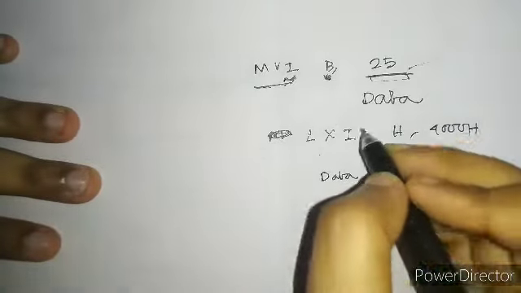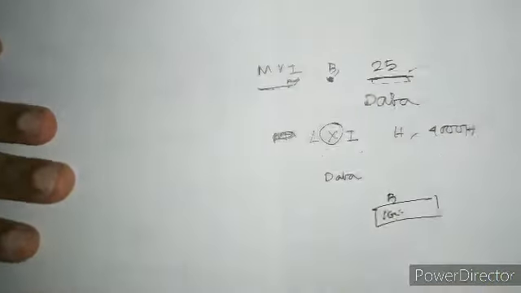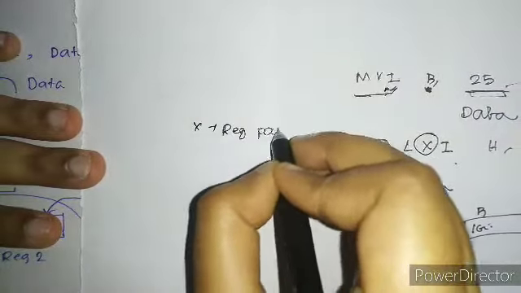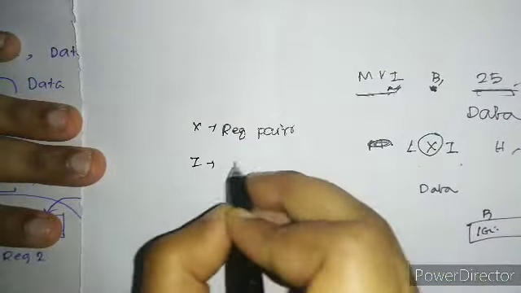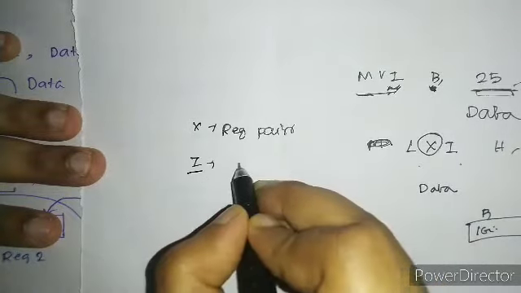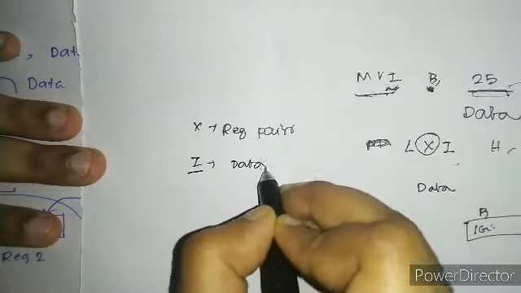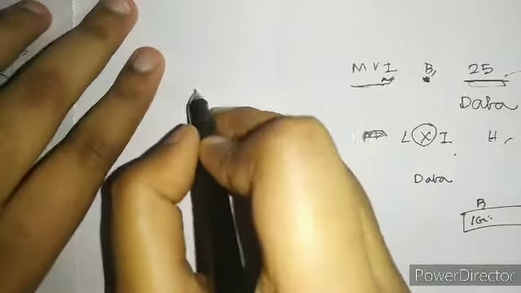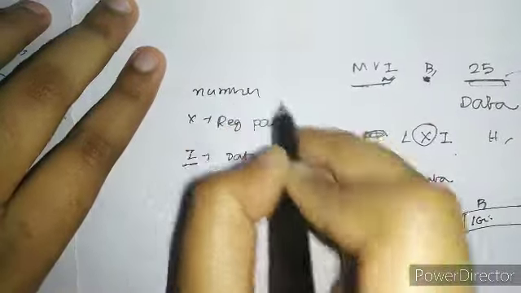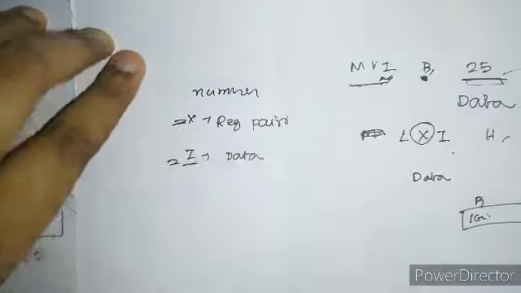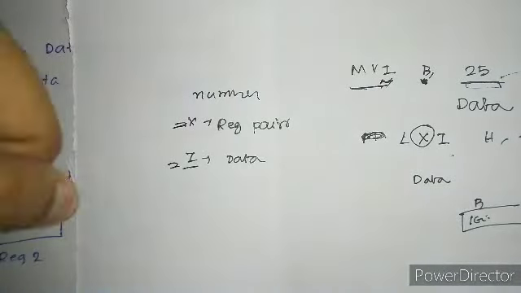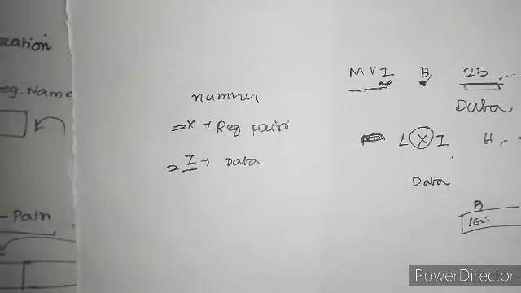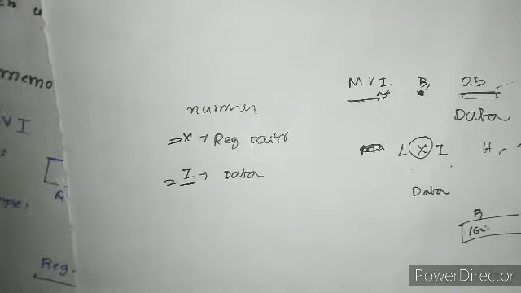Then check for X. X means register pair. I stands for data, X stands for register pair. So first check the number, then I, then X. You will understand in the upcoming examples.